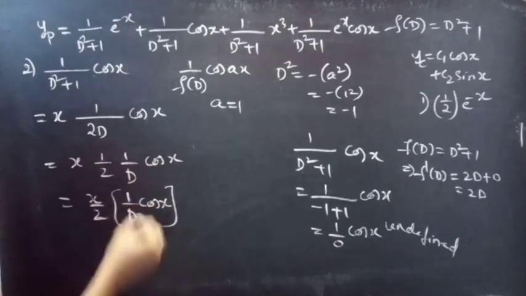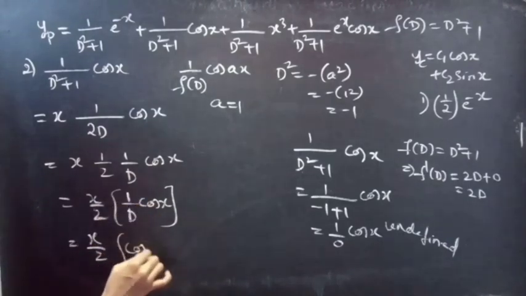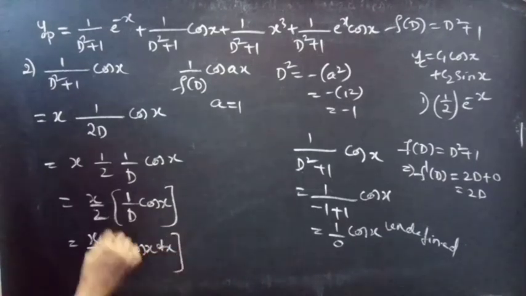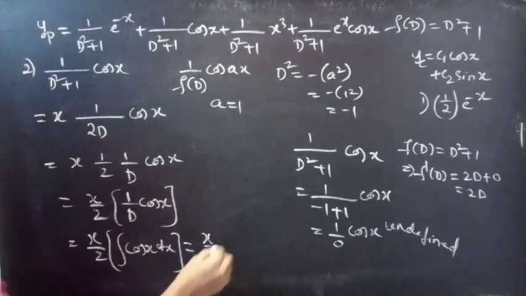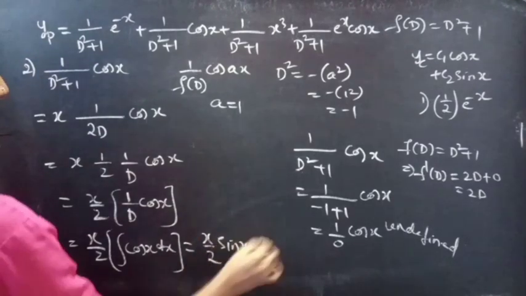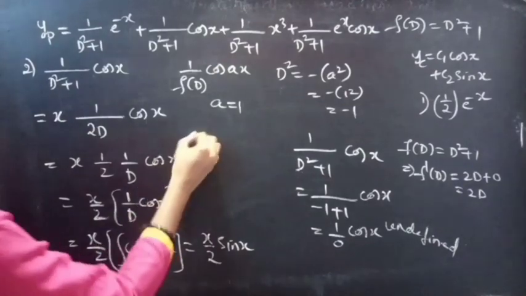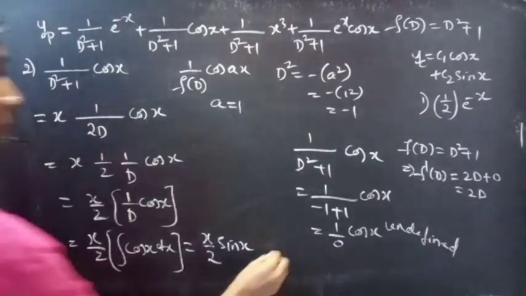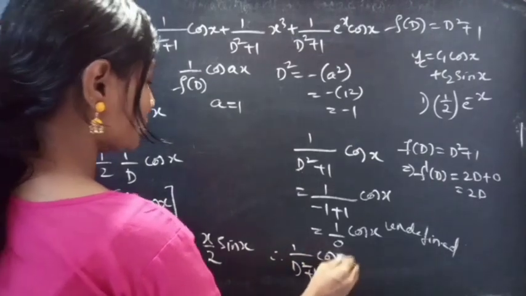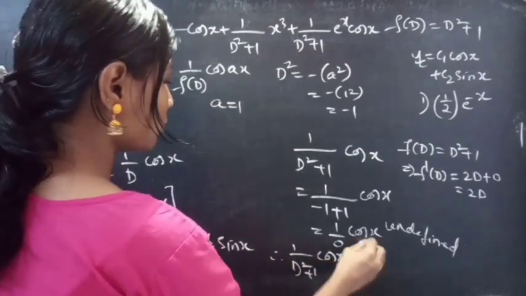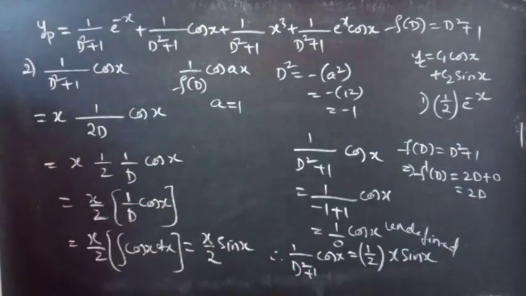We know that 1 by D is an integral operator, so we can write it as x by 2 into the integral of cos x dx, which is sine x. Therefore, 1 by f of D into cos x equals 1 by 2 into x sine x.